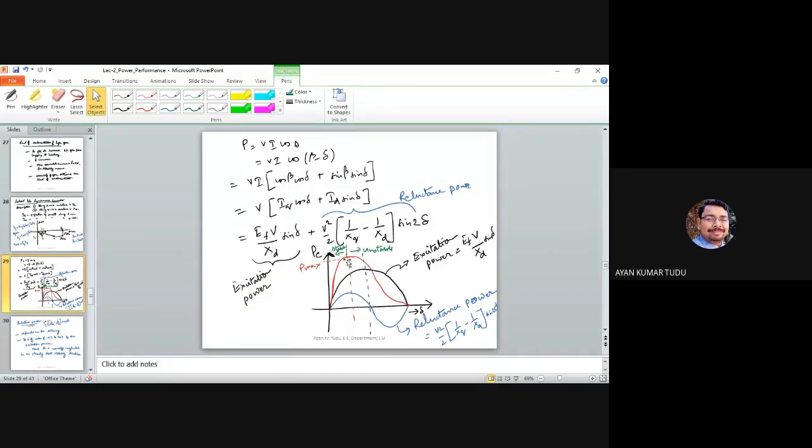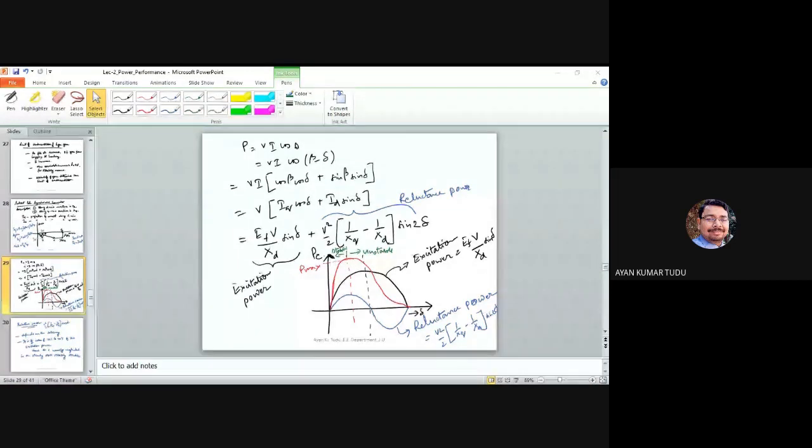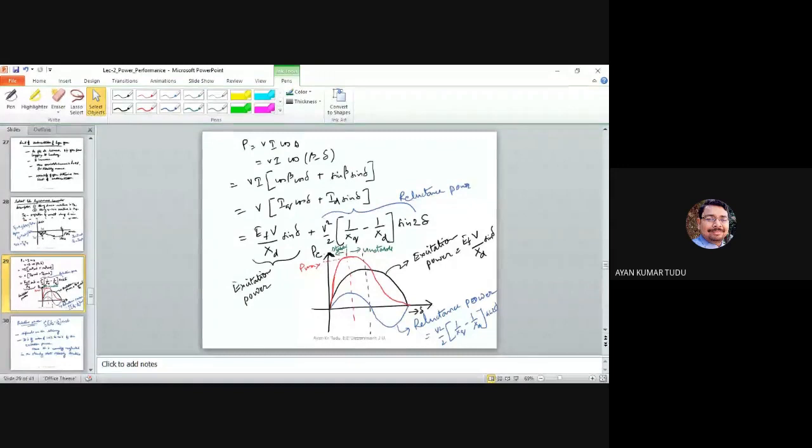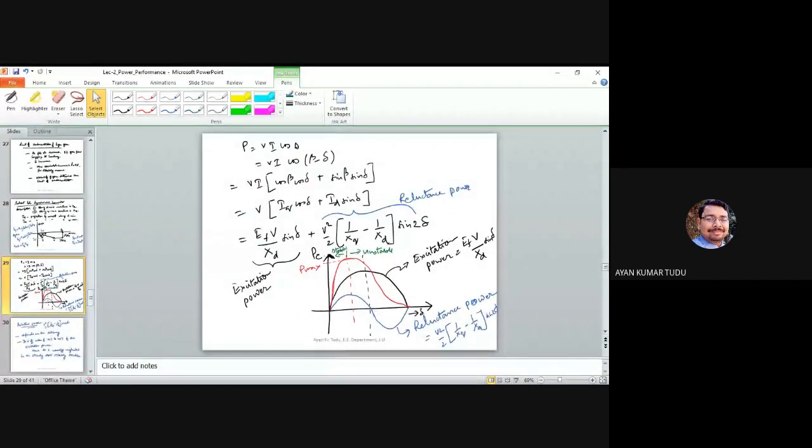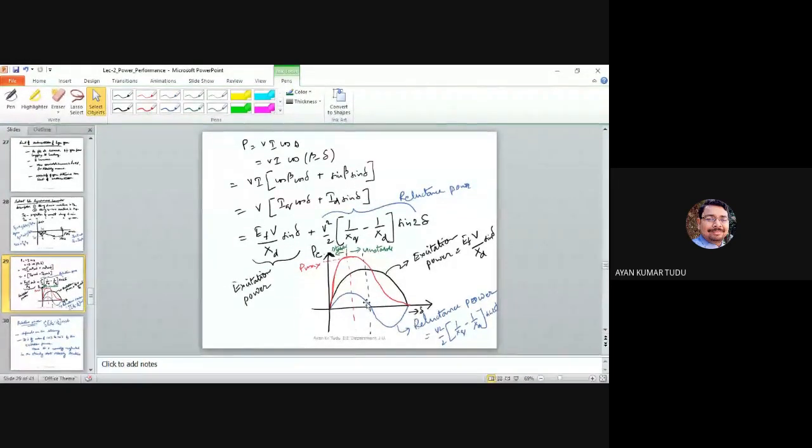The Pmax value is quite high, meaning it can cater more electrical power. But the problem is that it is more stiff, meaning the delta is not allowed to move freely. If you recollect from the previous class, for a cylindrical rotor synchronous generator, the maximum delta could be around 90°, but here it is not the case.